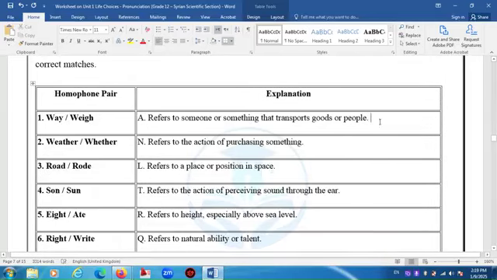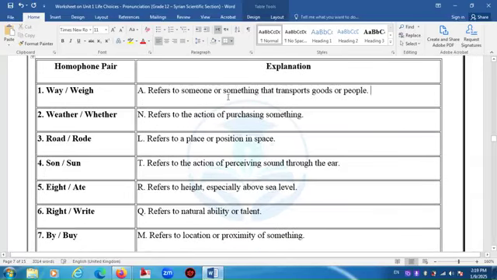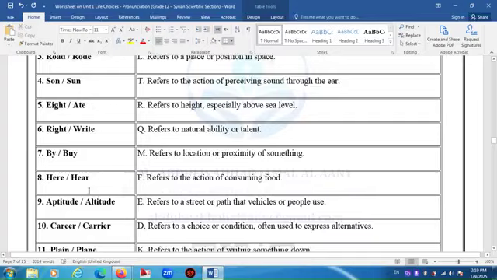Okay, allow me to put the word here. Now, refers to someone or something that transports goods or people. Of course, you can start from number 1 or from letter A, you are free. Carrier.